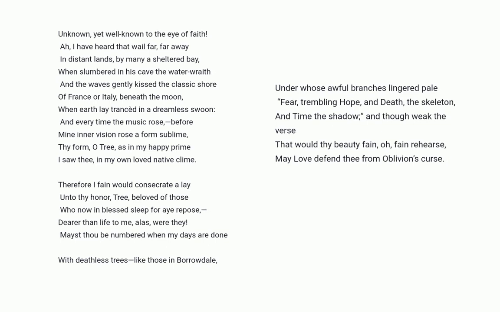to save the tree from the last phrase, oblivion scars.